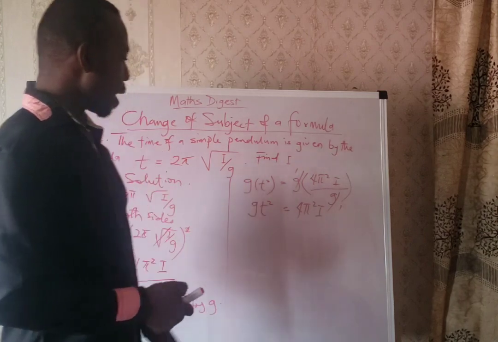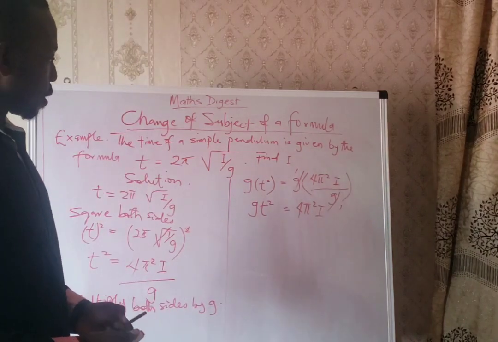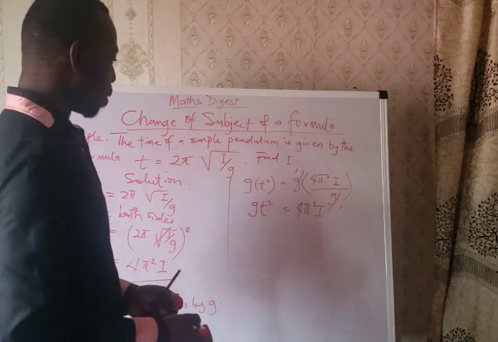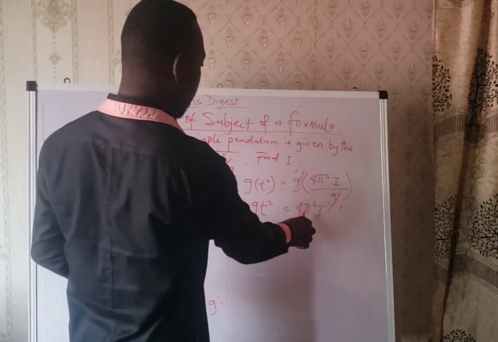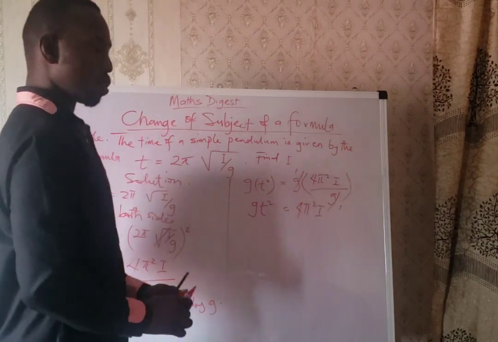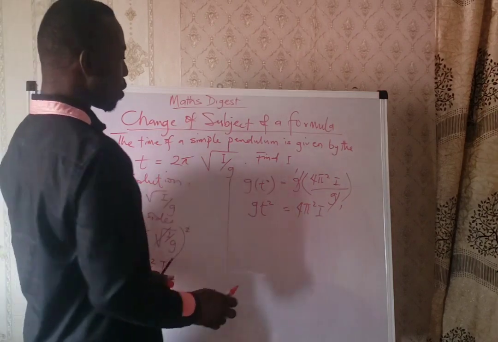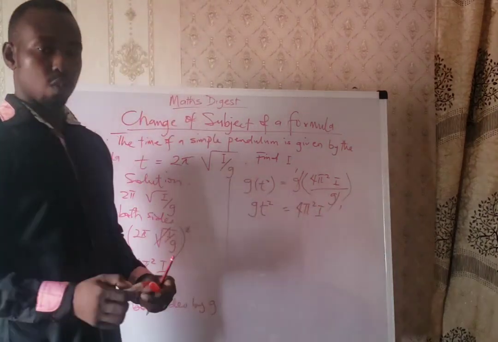Now, remember we are to make l the subject of the formula. In making l the subject of formula, we see that we have 4 pi squared multiplying l. So since it's multiplication, we divide.